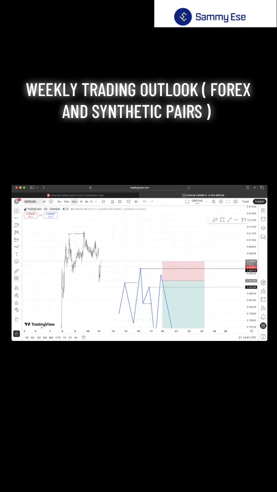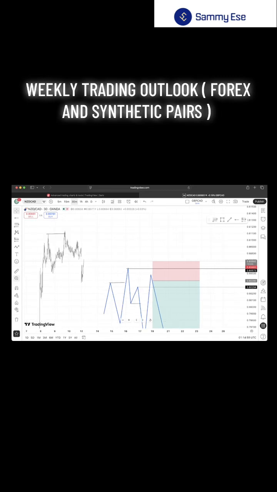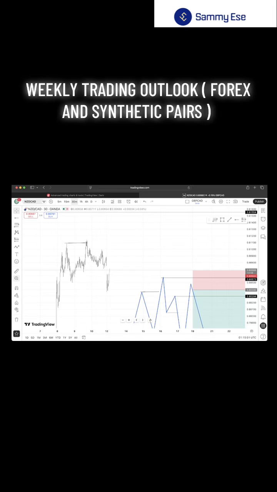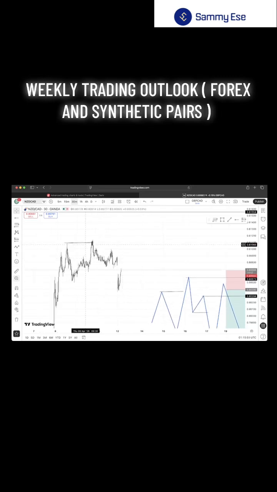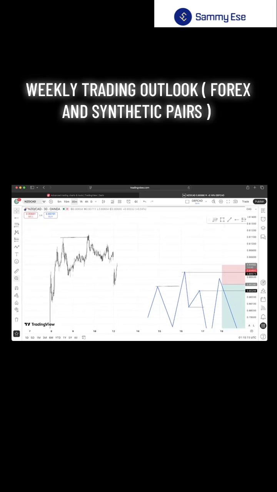We have our sweep, our retracement, the break of structure here, and then before the full break of structure, I can label this as my structural liquidity, a protected high, and then we had a full break of structure here.